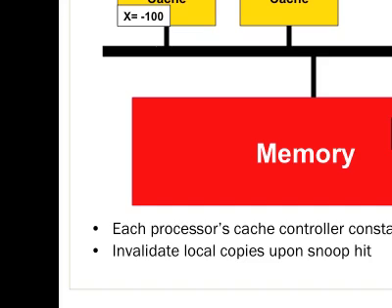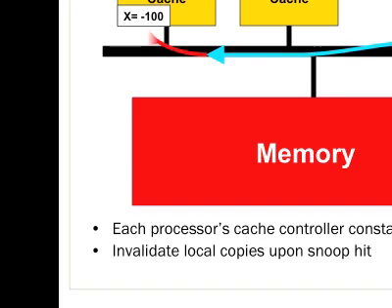Now we're moving on to the next example. This is the so-called invalidation-based protocol. We're still assuming that we have the write-through cache. So when processor 3 writes the new value to its own cache, it will write to memory, the main memory. And the cache controller of the first processor will again see this transaction.